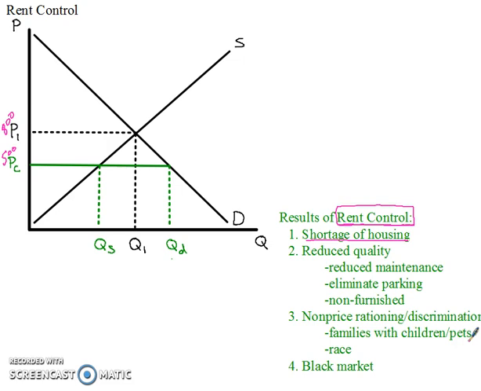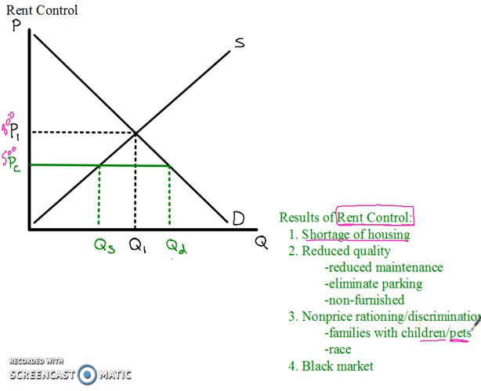So we'll just make it a children-free, pet-free apartment building. It used to be at $800 a month, I'd put up with the kids running through the garden and the pets going to the bathroom and barking and all that kind of stuff. But at $500 a month, forget it. I have so many people who want the apartments, I'm just not going to put up with the children and the dogs. So you may get some of this non-price rationing, discrimination kind of stuff that begins to develop.